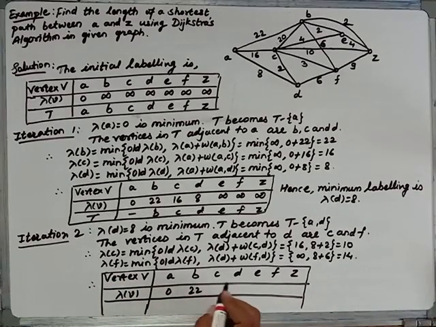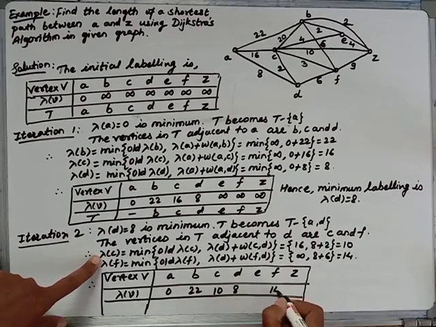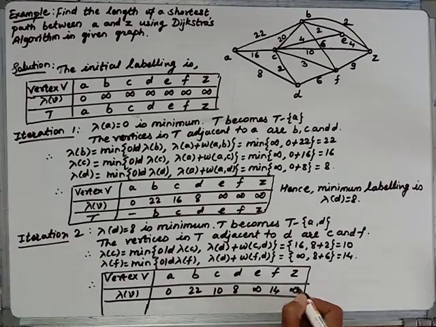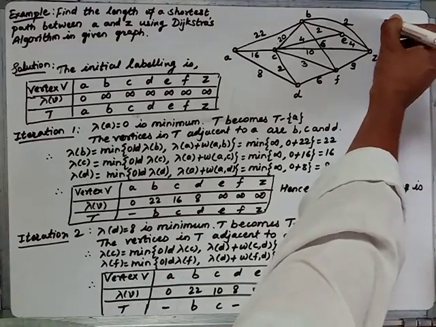It is not adjacent. For D it is 8 as it is. For C it changes, so it becomes 10. For F it will be 14. For E and Z it remains the same, infinity. Now what about T? Simply A and D we will eliminate. Otherwise B, C, E, F, Z are there. Remember, to find the shortest path we will write this series.